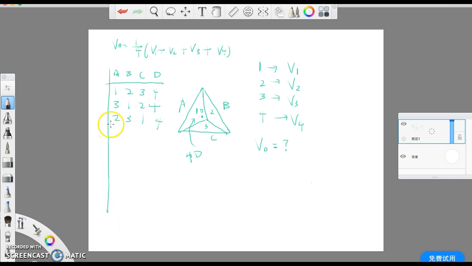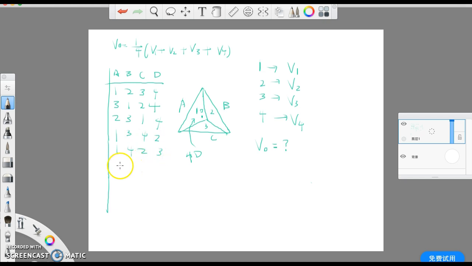And then we also have, if we fix position 1, 1, 3, 4, 2 and 1, 4, 2, 3.